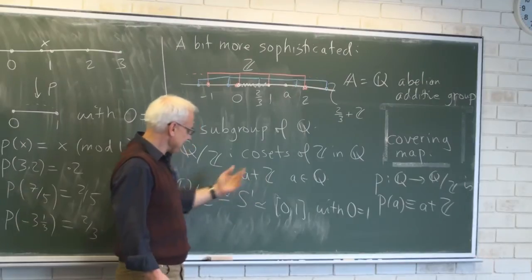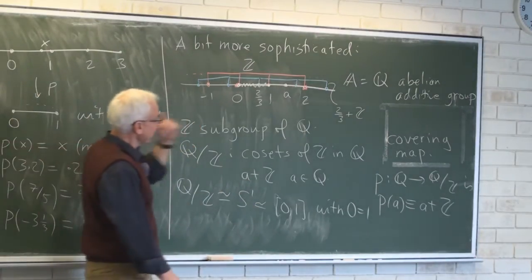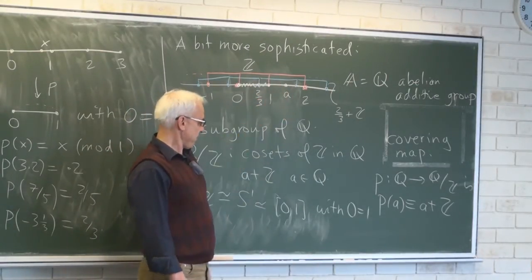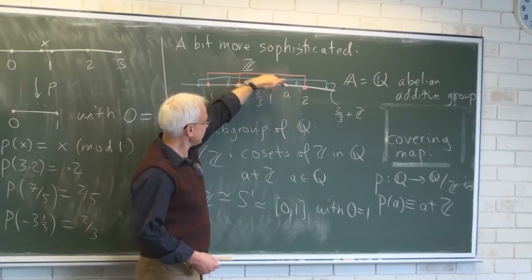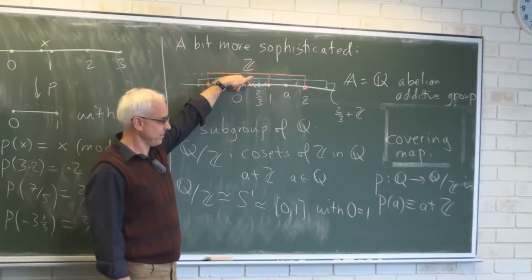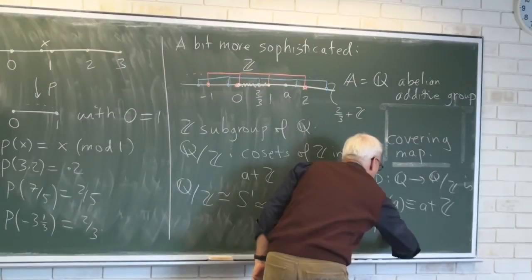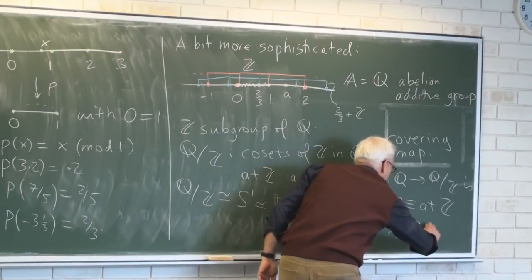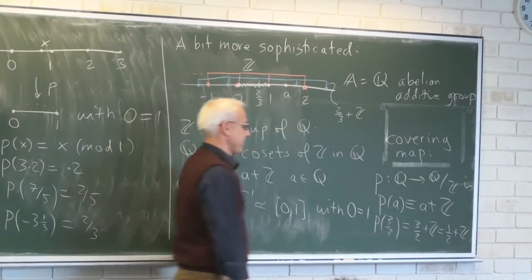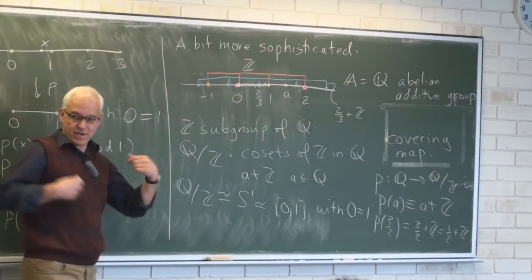And if you think about it, this is just the same as the mod 1 map, because, for example, if we take A equal to 1.5, then the coset that it contains is the same as the coset containing a half. So P of 3/2 will be the coset 3/2 plus Z, but that's the same as the coset 1/2 plus Z. So what we're really doing is reducing the number mod 1.